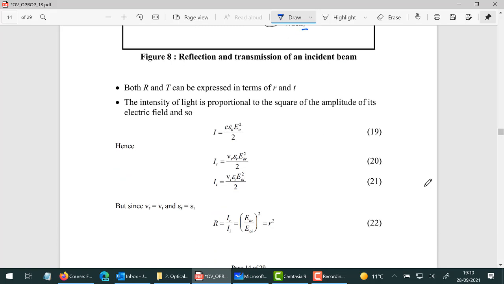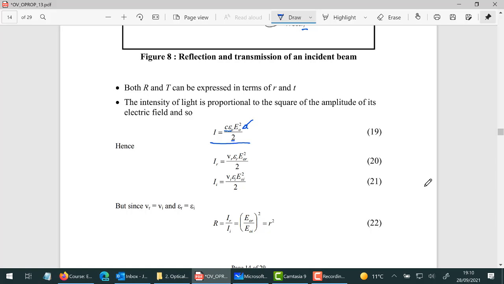Now, for any wave, the intensity of the wave, or measure of the energy that it carries, is proportional to the amplitude squared. So the intensity for some light beam is proportional to its electric field squared. The constant of proportionality here is the speed of light in vacuum, c, times the permittivity of free space, epsilon naught, over 2.